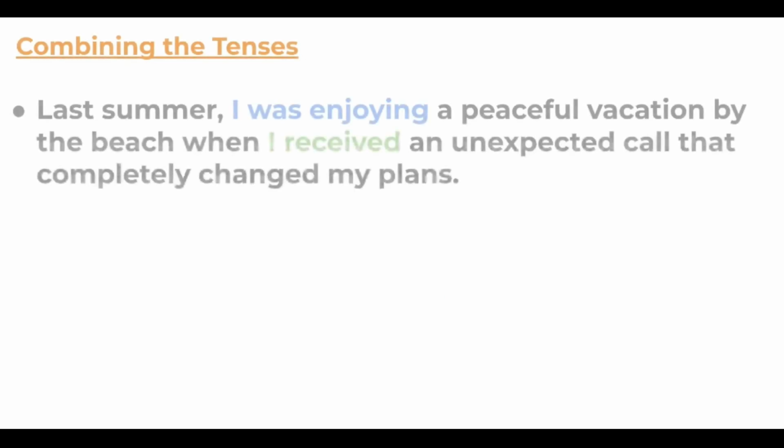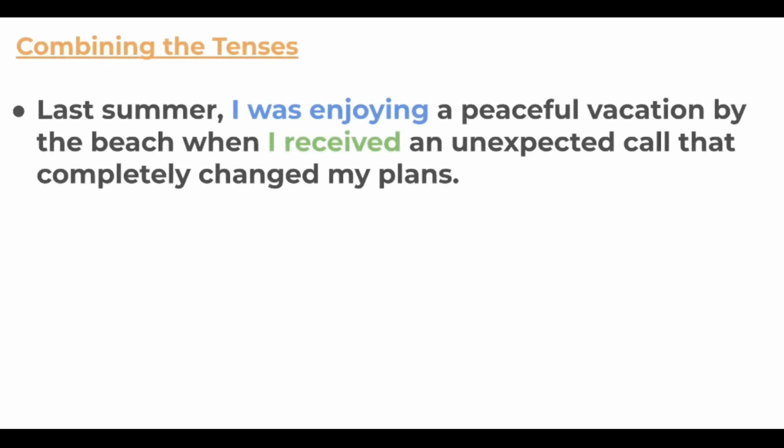And of course you can combine the tenses together. Last summer I was enjoying a peaceful vacation by the beach when I received an unexpected call that completely changed my plans. So you can see that the blue is the past continuous here, I was enjoying, and the green is the past simple.